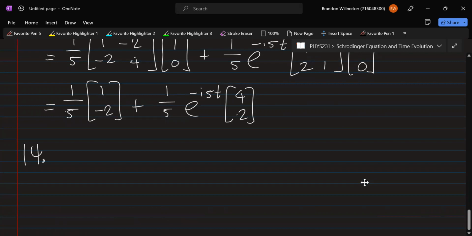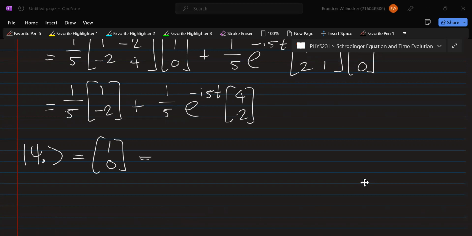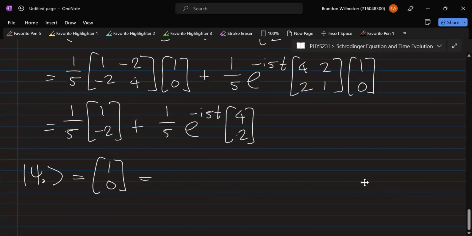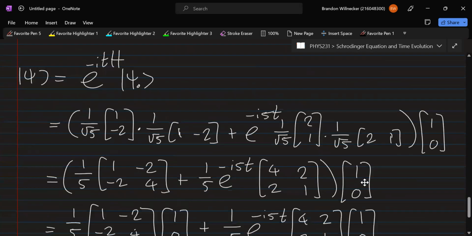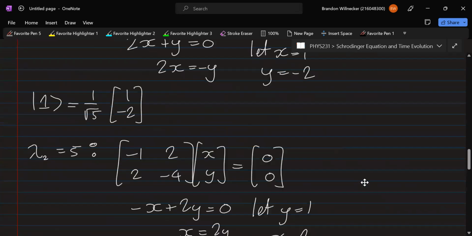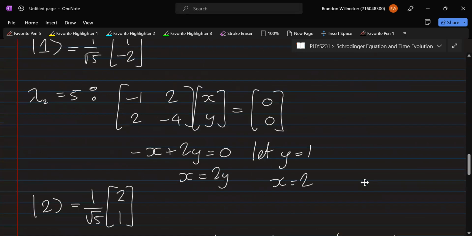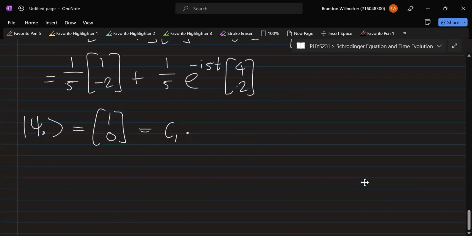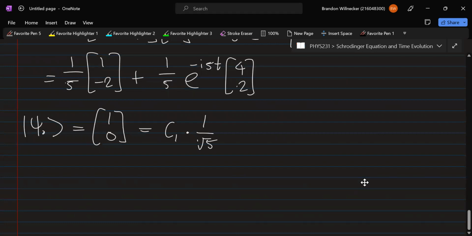So psi naught is equal to 1, 0, and we would like to write it using the eigenvectors. So it's going to be c1, some basis expansion coefficient, times the first basis vector. That will be 1 over root 5 times 1, minus 2, plus c2 times the second basis vector.